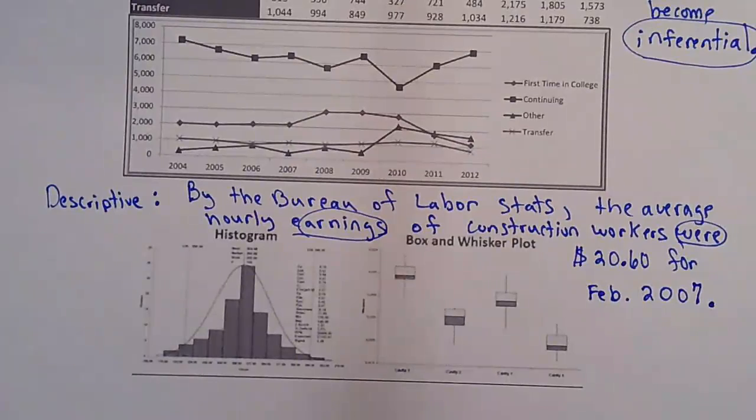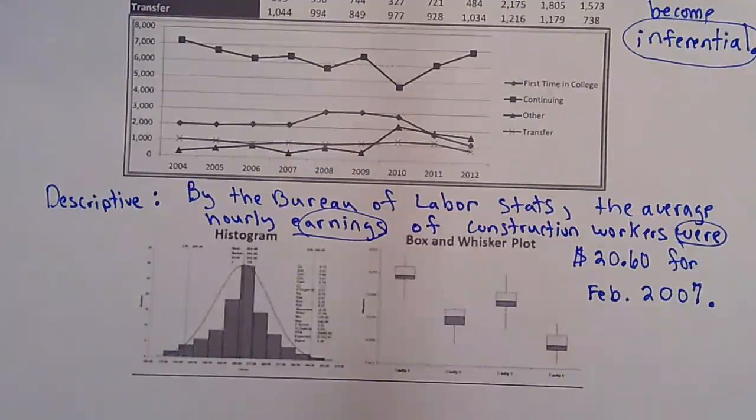This department would have all the information that they would need to go back and look at all the construction workers and all of their earnings. Then they would sum up all their earnings and divide by how many workers they had, and they would be able to come up with this computation of $20.60, the average hourly earning for this group, the construction workers.